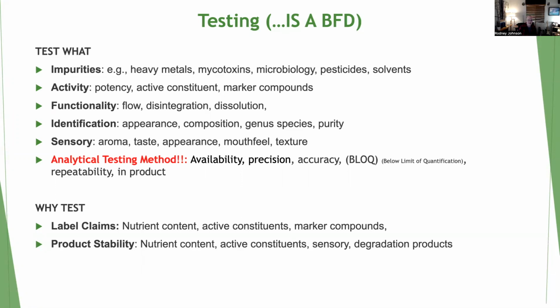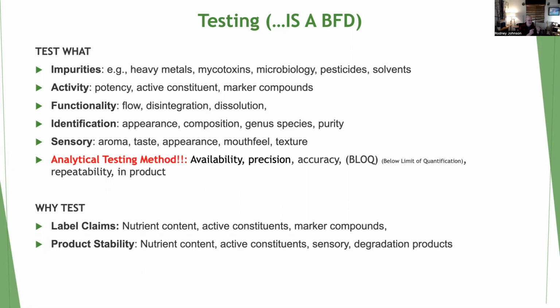Heavy metals, there's a whole series of impurities such as heavy metals, mycotoxins, microbiology, bacteria, pesticides. Those are just a few. It depends on the particular system, but those are the ones that you want to look at to make sure that you don't have unacceptable levels of these impurities. On the other hand, you want to make sure you have an adequate amount of the active compounds. It has to have the right potency.